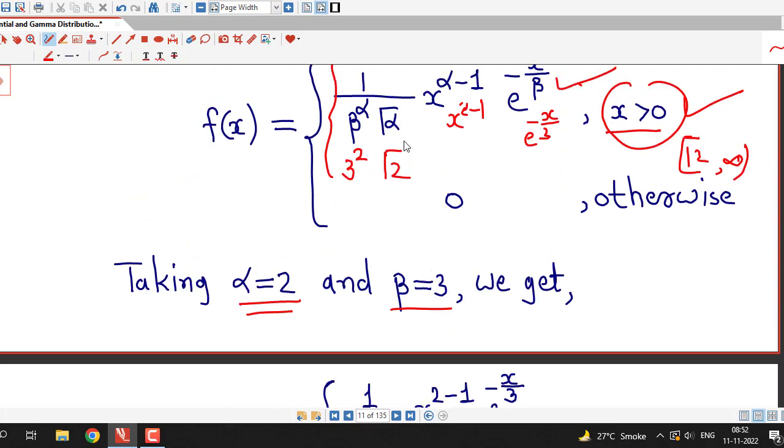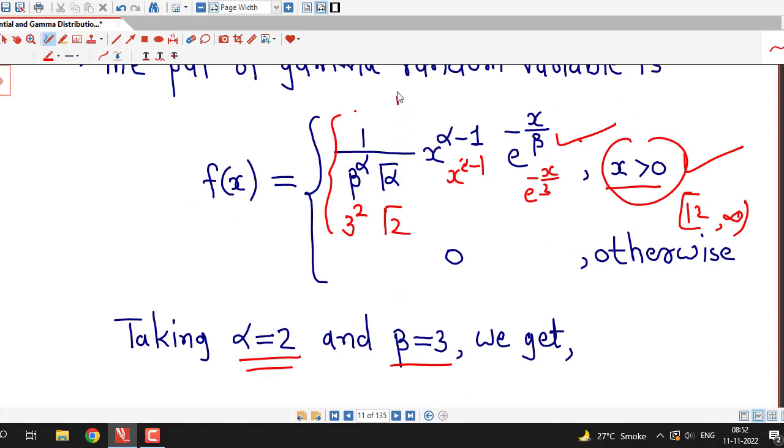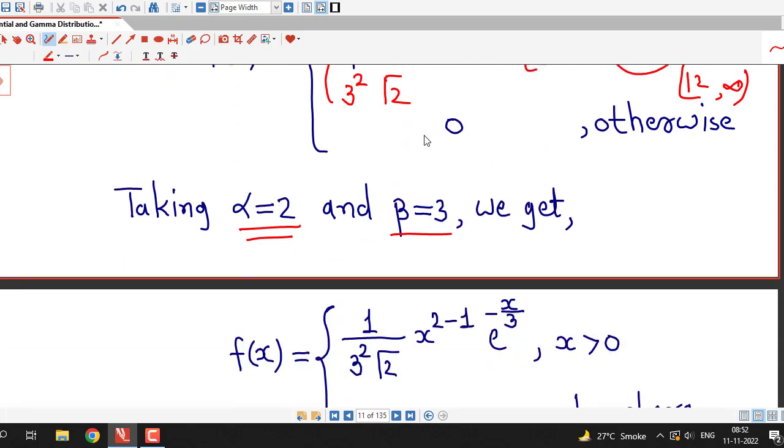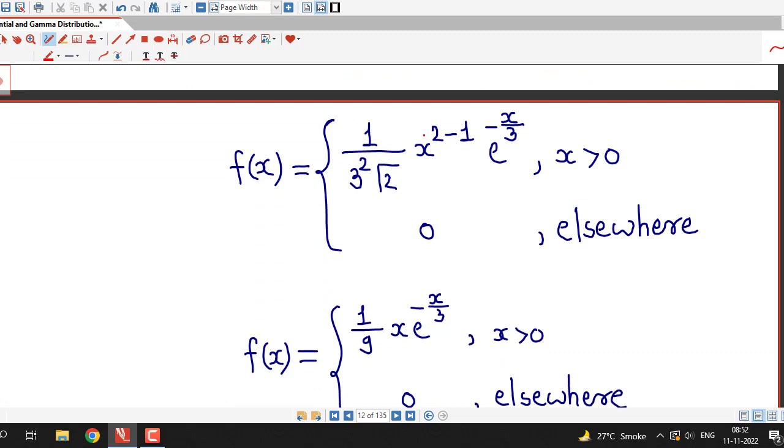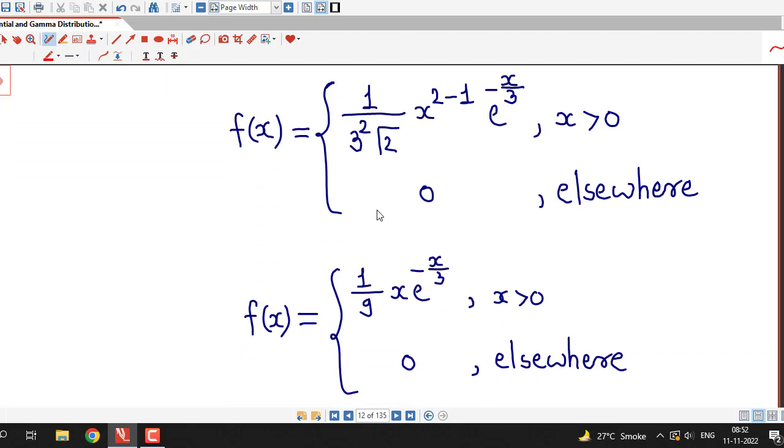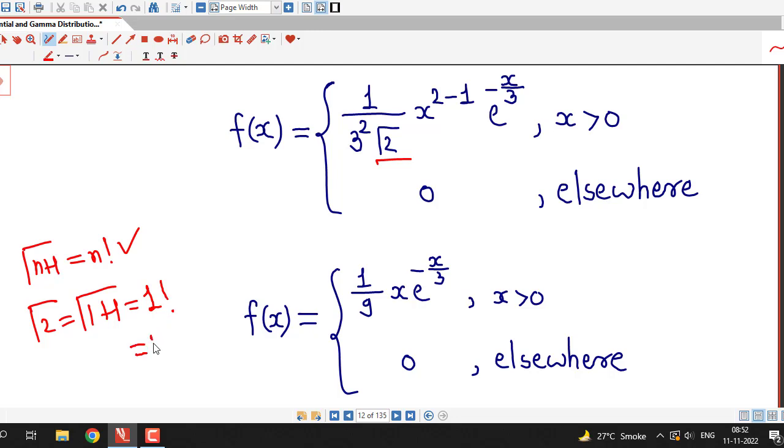So I have put the values of alpha and beta in this formula, and I obtain this function. Gamma 2 is nothing but, we know that if n is an integer, then gamma n plus 1 is n factorial. So gamma 2, that is gamma 1 plus 1, by this formula is 1 factorial, that is 1.